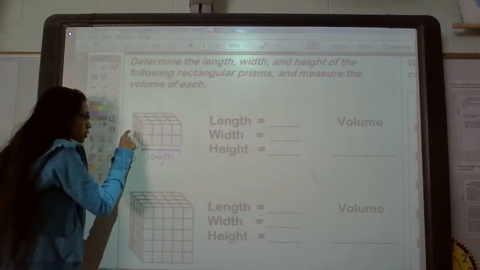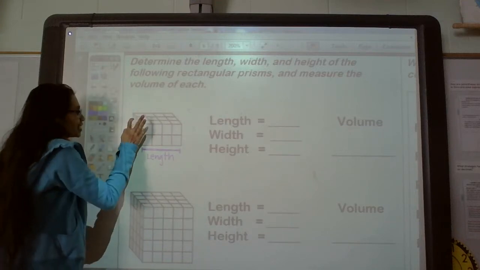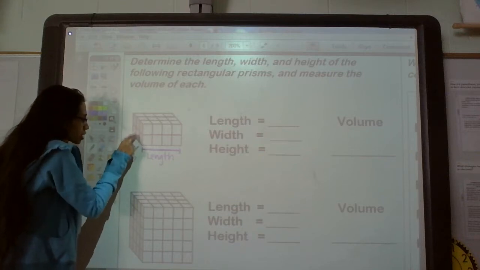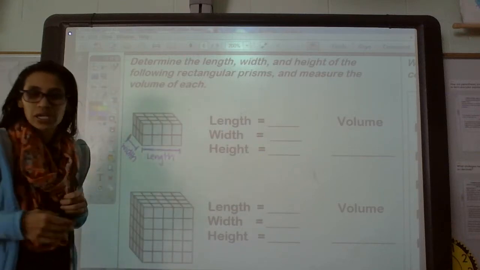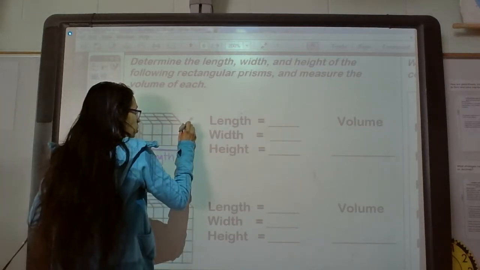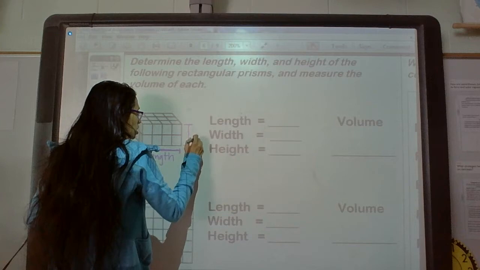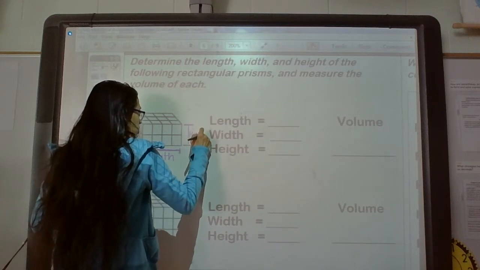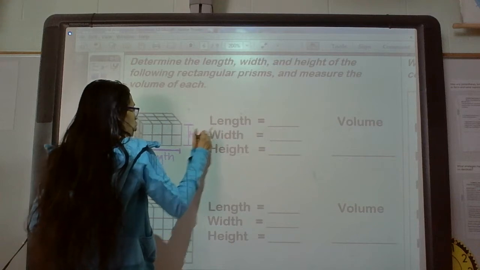Look, count. Just how many do you see right here? All right, bam, right there. And then the last dimension is the height, which is how tall it is going this way. Height. How tall is it?